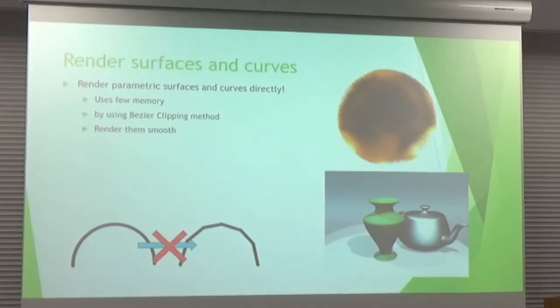The CAD renderer also renders surfaces and curves, and it can render parametric surfaces and curves directly. Direct means that typical renderers convert surfaces and curves into polygons before rendering.